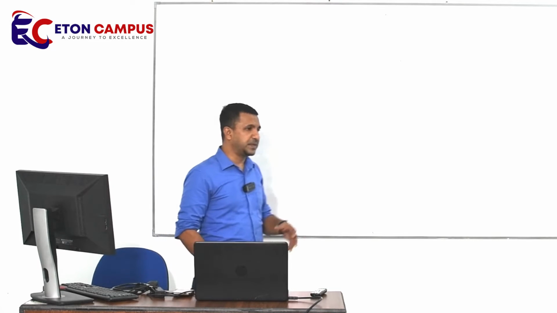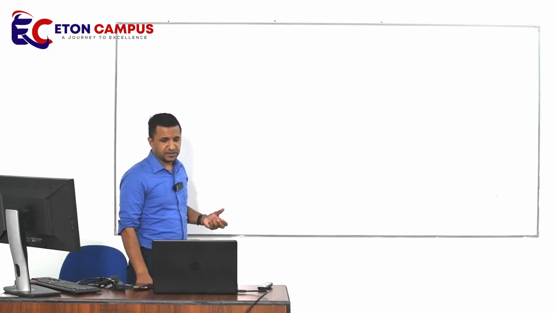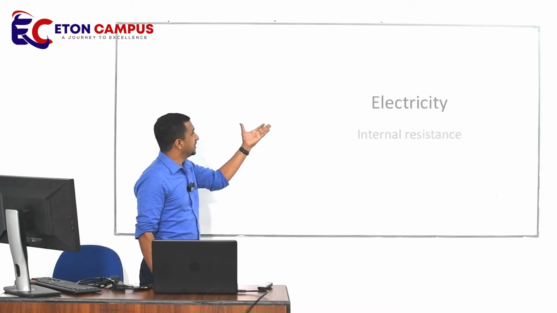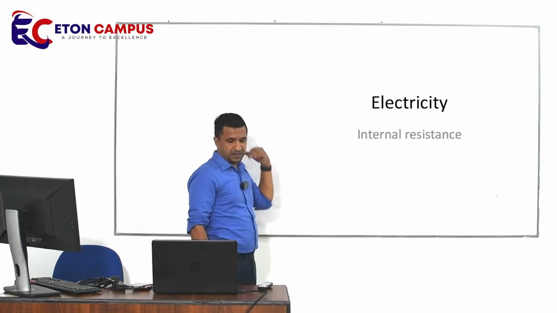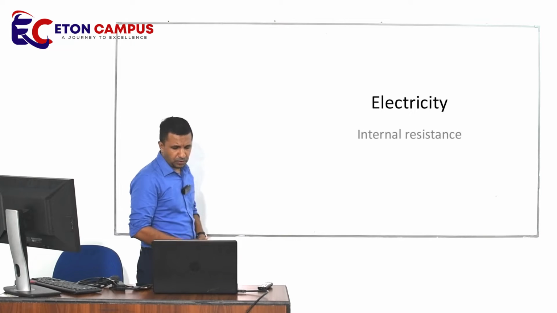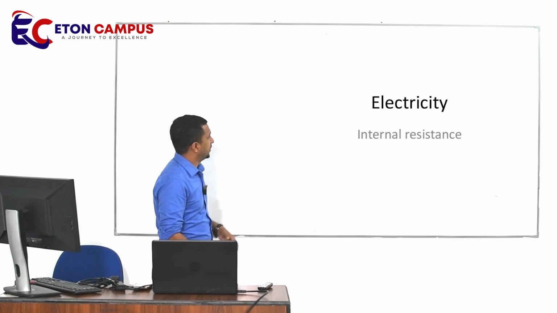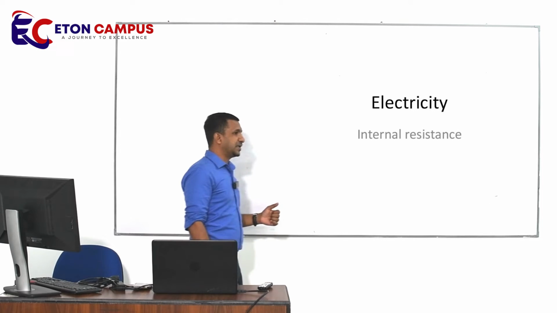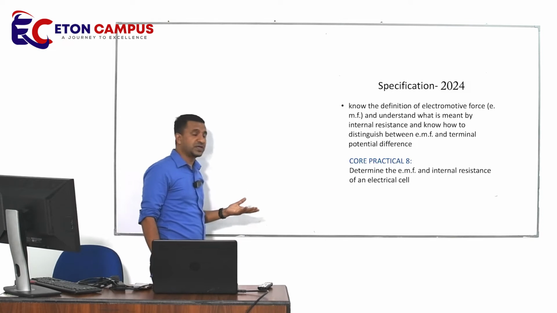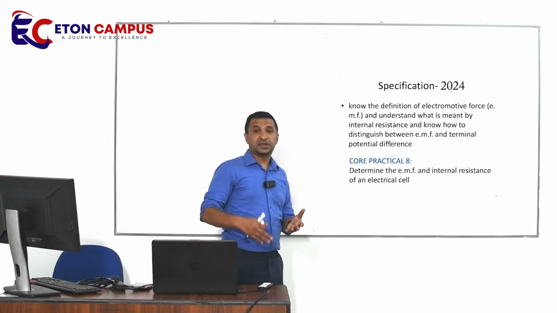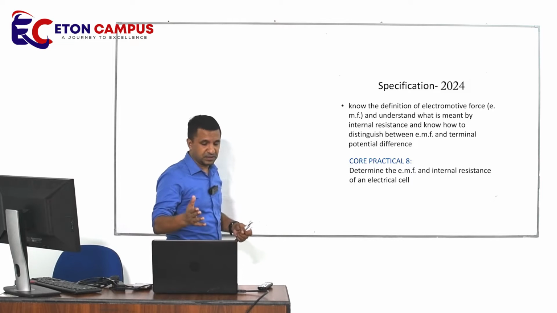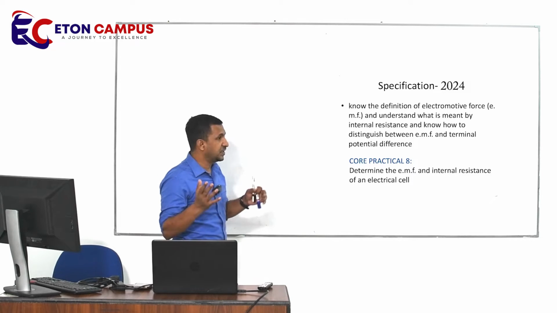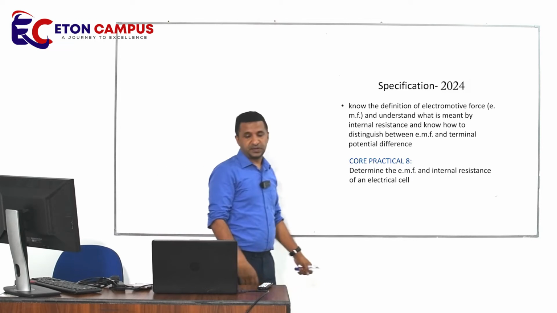So, let us discuss today's particular part in electricity, which is internal resistance. So, this is your specification. You can go to the Edexcel website and download the specification, and you can see whether the same specification is in the presentations.